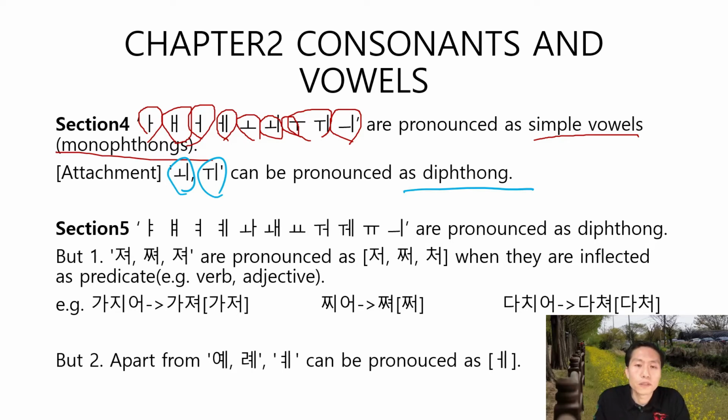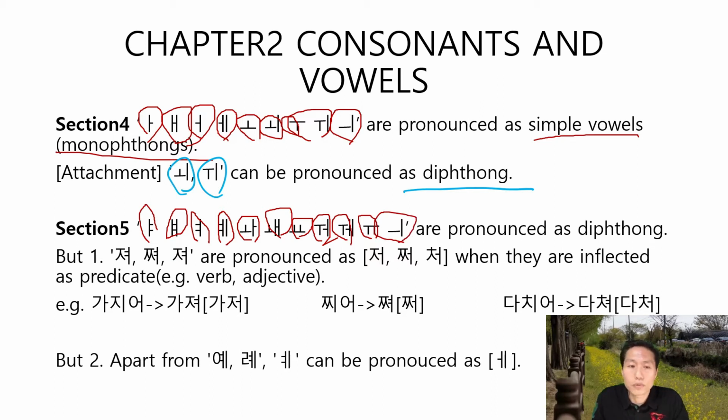Section 5. 야, 얘, 여, 예, 와, 왜, 요, 워, 웨, 유, 의 are pronounced as diphthong.